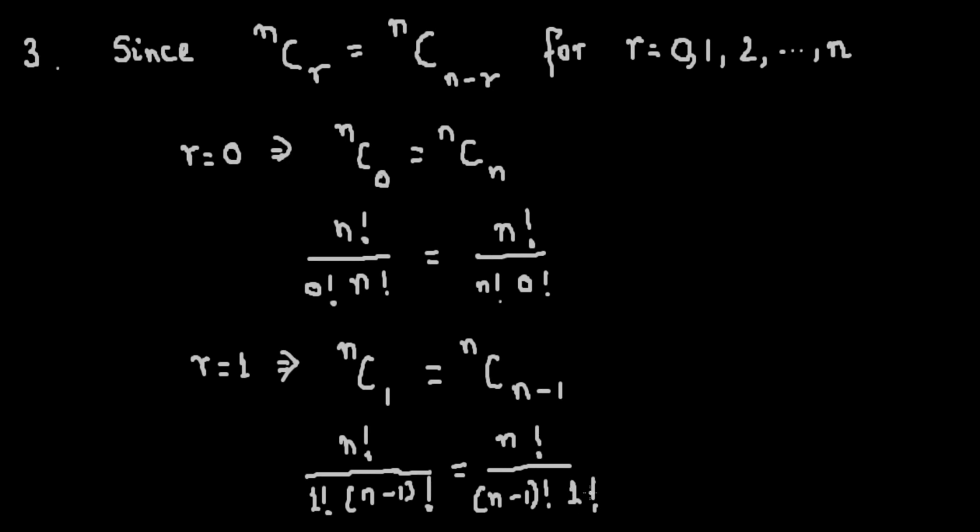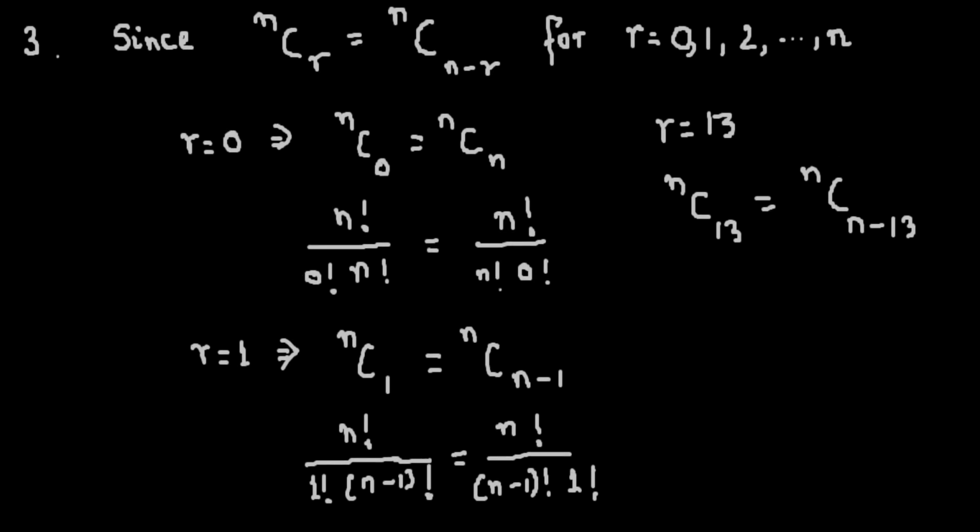So this is true, and we can continue. This is for any value of r. So let's say r is equal to 13. Then nC13 must be equal to nC(n minus 13). So these values are always equal.